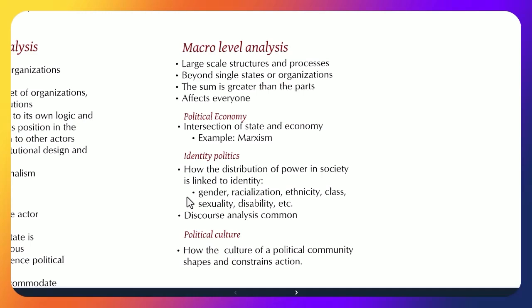And how does the culture around these things, the social construction is the term really, around gender, racialization, and all these types of aspects, how does that capture some individuals and privilege others depending on their identity? And again, these are processes that are much larger than single individuals, processes that single organizations can have great difficulties changing on their own, and that very often take a long time to change.